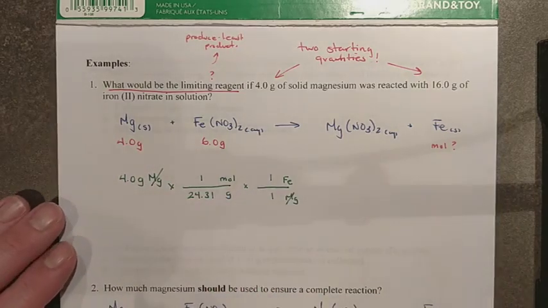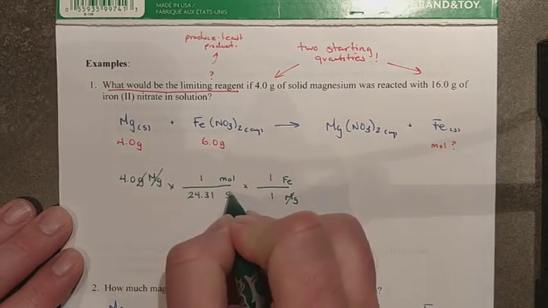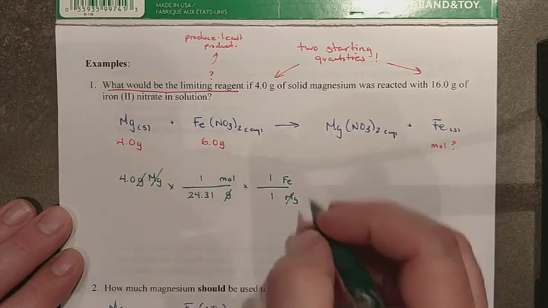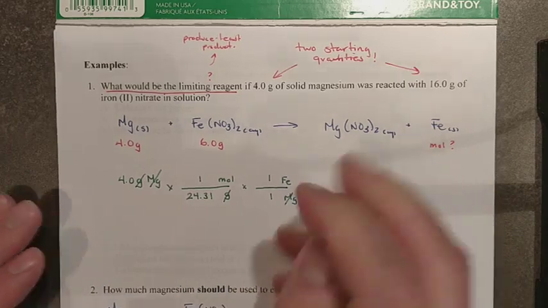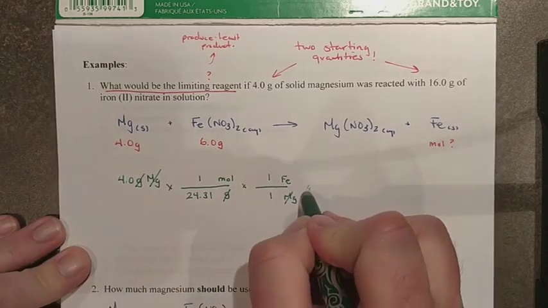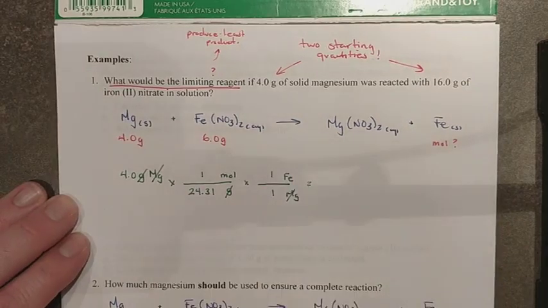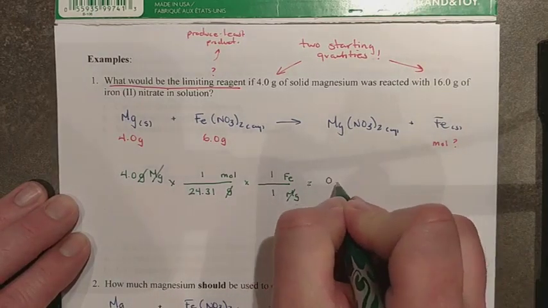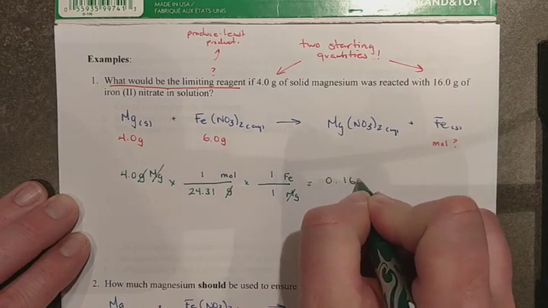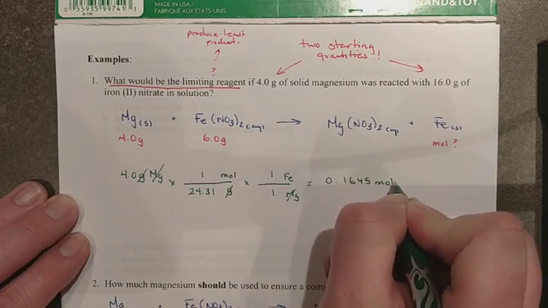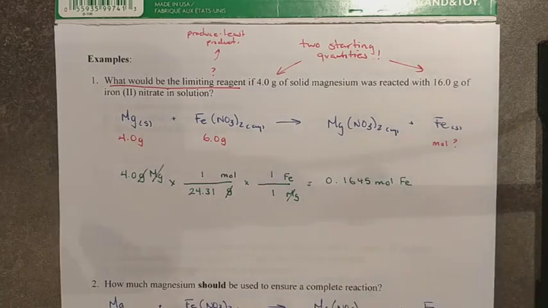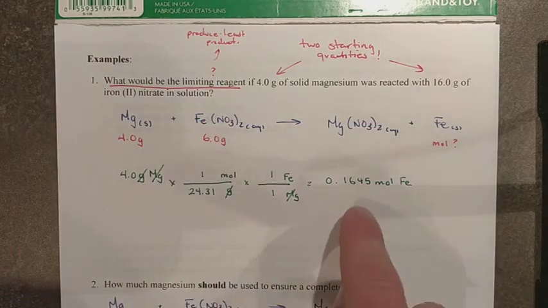I now have moles of iron, and so, whoops, that's the wrong symbol now, isn't it, folks? Put an equal sign here, and you can see that you get 0.1645 moles of iron.